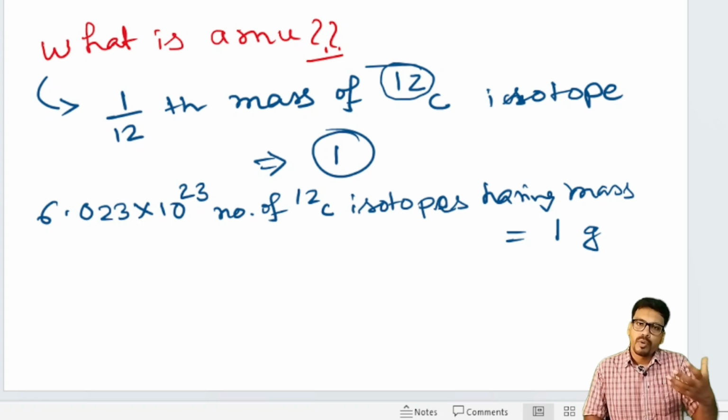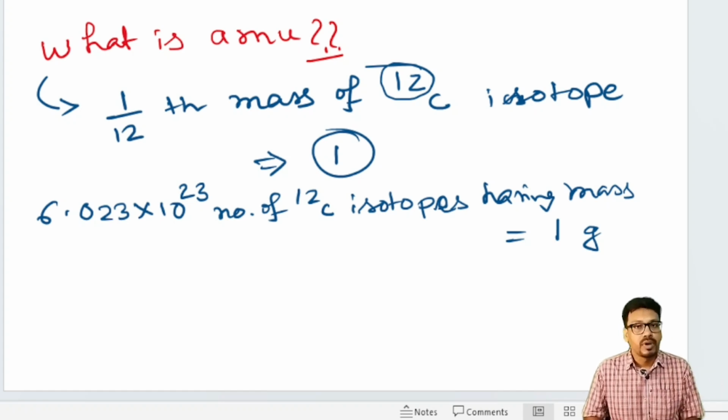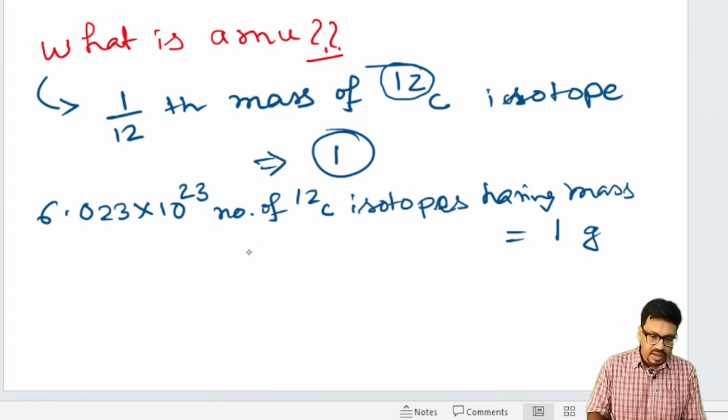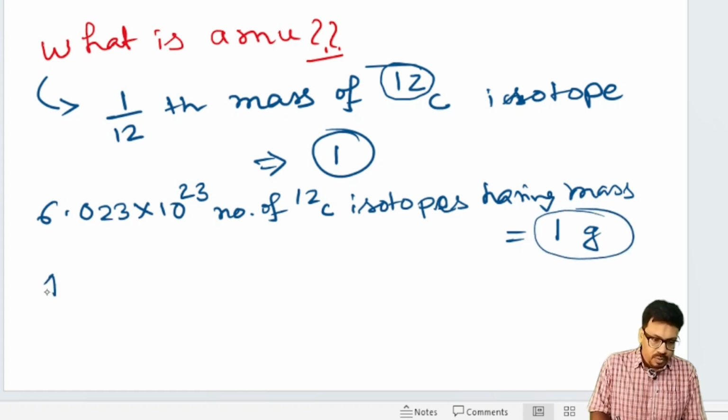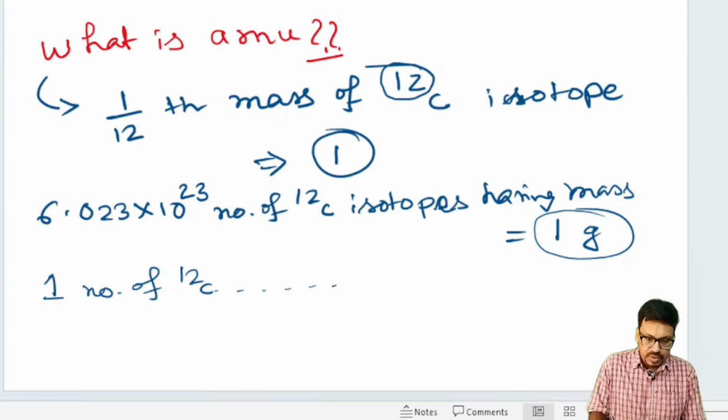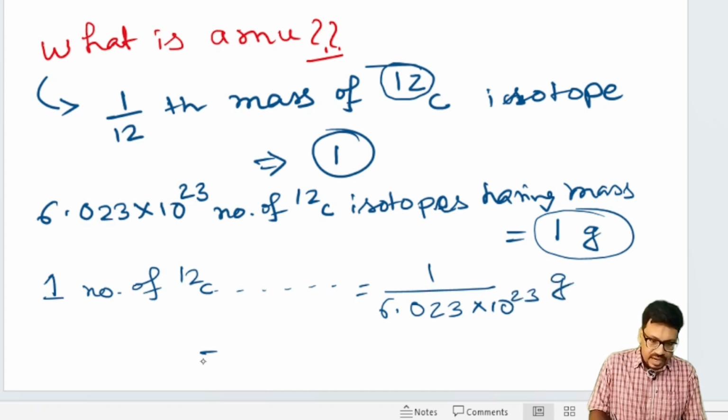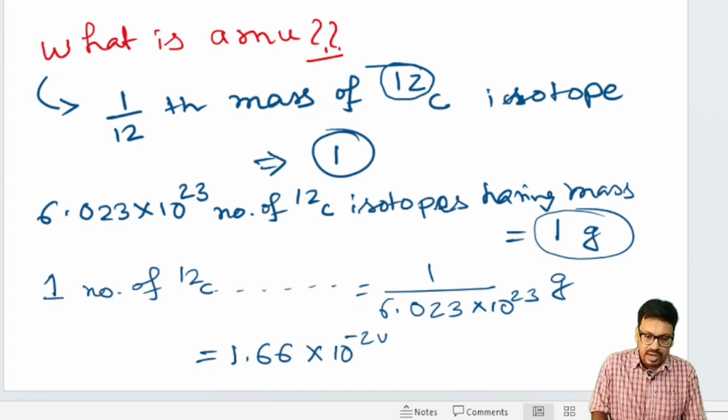If we represent the molecular mass in gram, the compound contains the Avogadro number of molecules. Clear? So here the Avogadro number of C12 isotopes has mass 12 gram. So one C12 isotope has mass 1 divided by 6.023 into 10 to the power 23 gram. That means this is 1.66 into 10 to the power minus 24 gram.